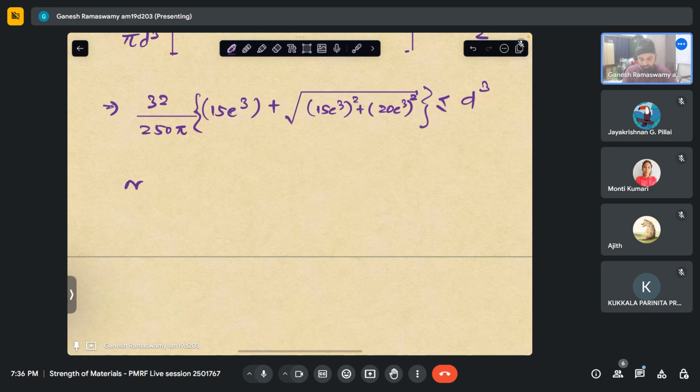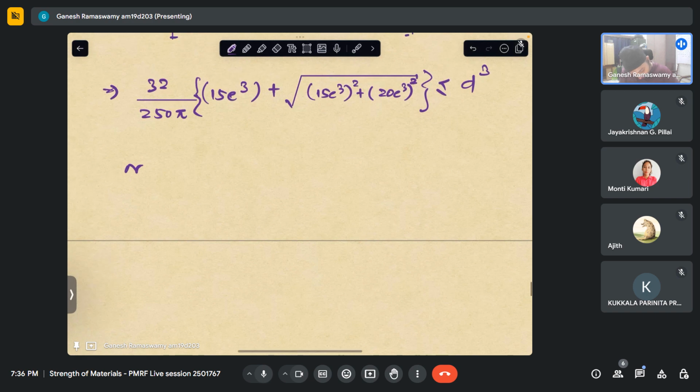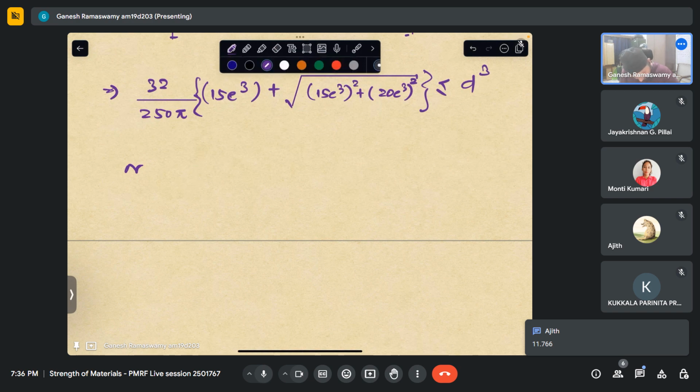So 1629, cube root of this is around 11.76. I encourage the viewers to calculate this on their own once. So d is 11.76. All right, great. So this will be greater than or equal to 11.77 mm.